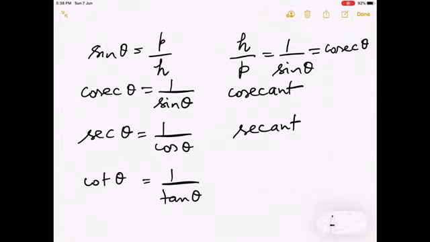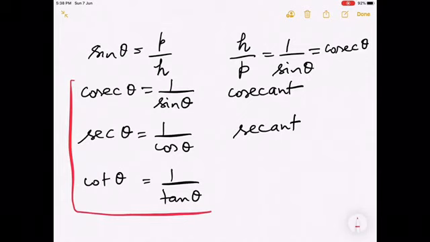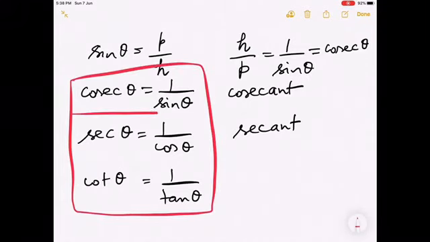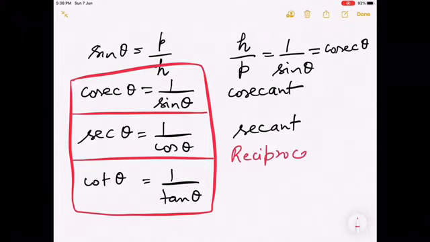Now these three formulae here, cosec theta is 1 upon sine theta, sec theta is 1 upon cos theta, cot theta is 1 upon tan theta. These three are known as reciprocal relations.